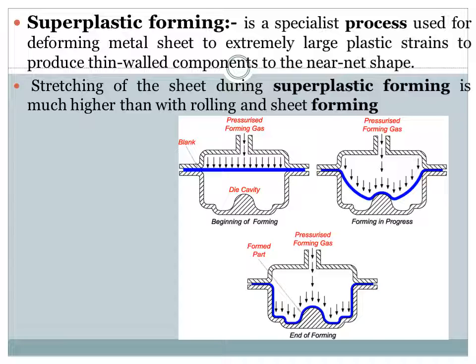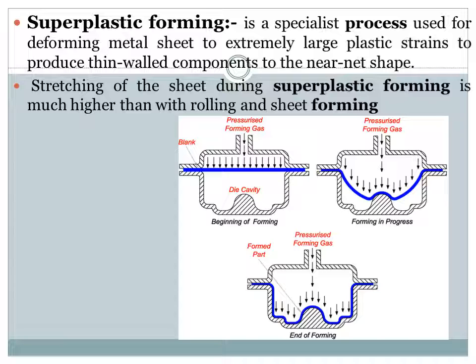And here what happens is the sheet is held between the two parts of the die. One is the bottom side and the blank is kept between the top and the bottom, and there is a facility for providing pressurized inert gas from the top side.